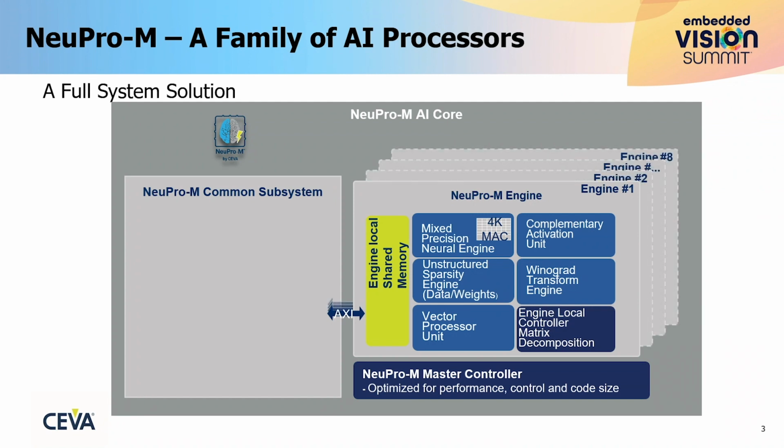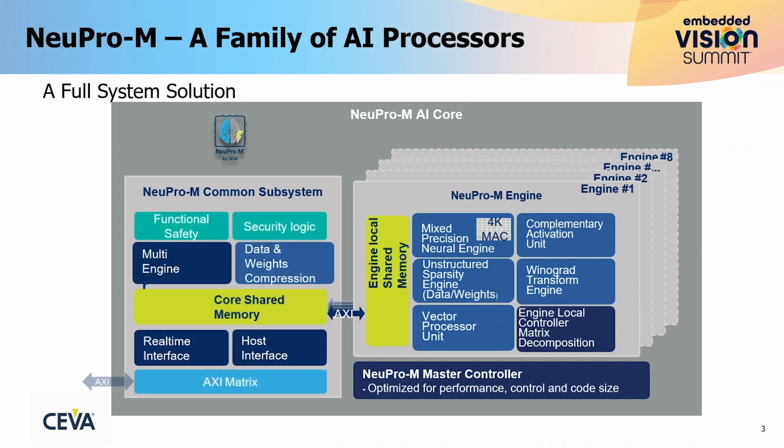The architecture is scalable and comes in different configurations from a single engine, 2 engines, 4 engines, up to 8. This is called a cluster, and we can also accommodate a cluster of clusters, so scale up. Here we see the subsystem, which is common to all the engines.